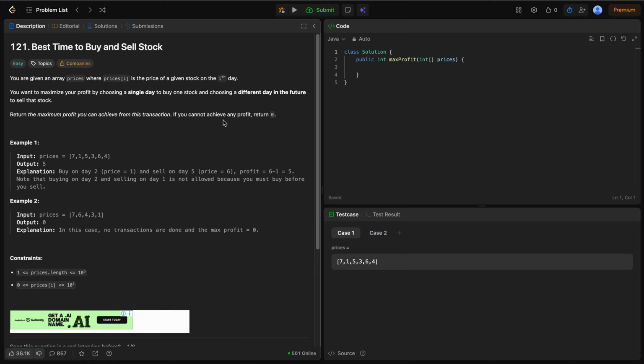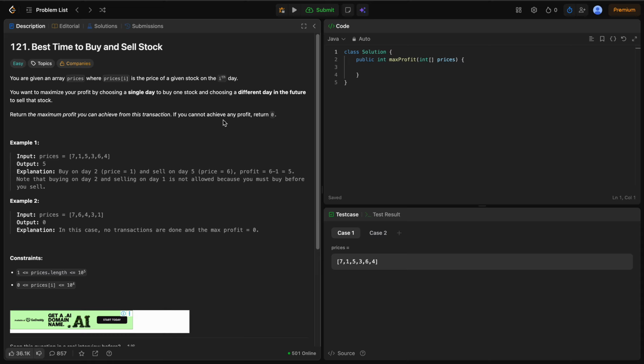Similarly with 5, with 4, with 2 and with 3. So for every value I will check all the other values in the future to see whether I can get any profit. So this is one way I could think of.